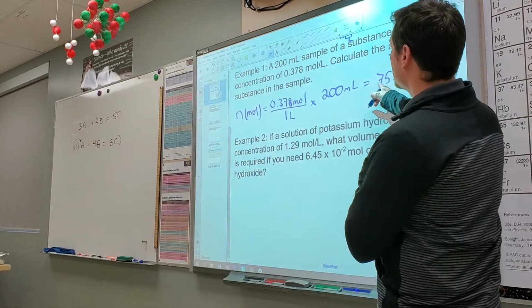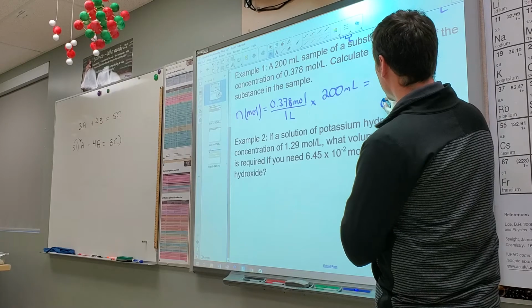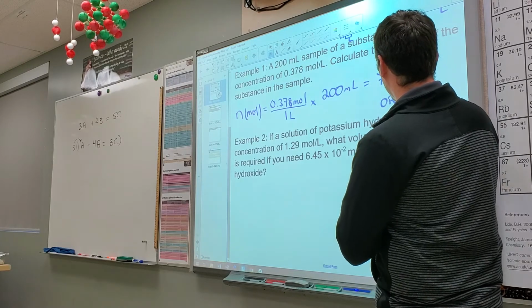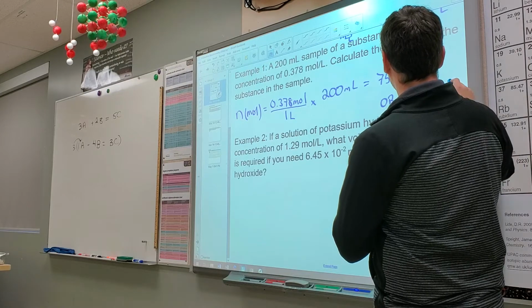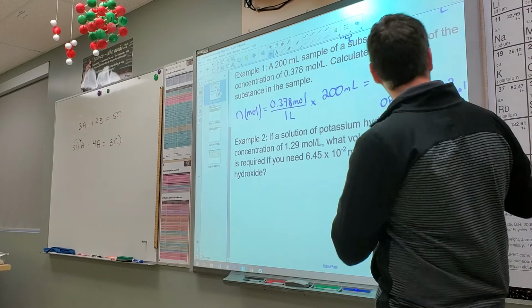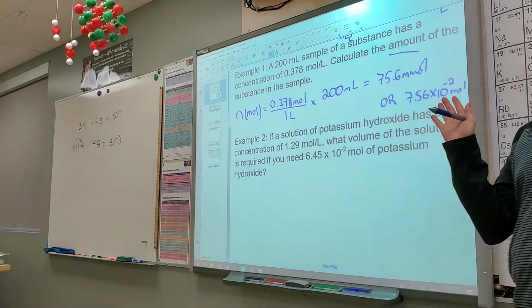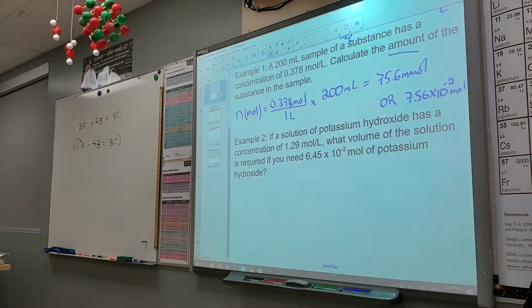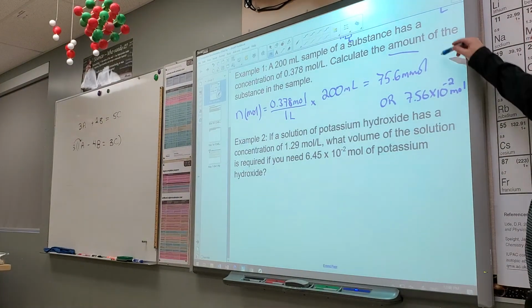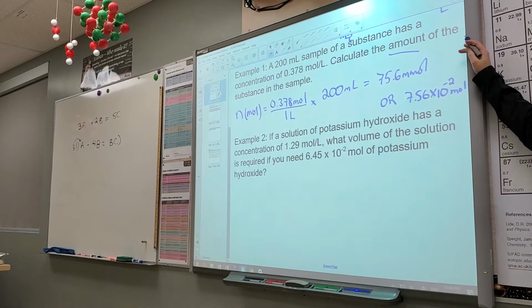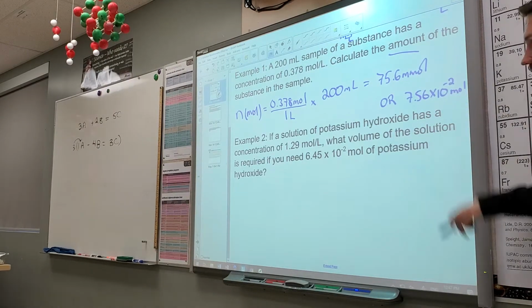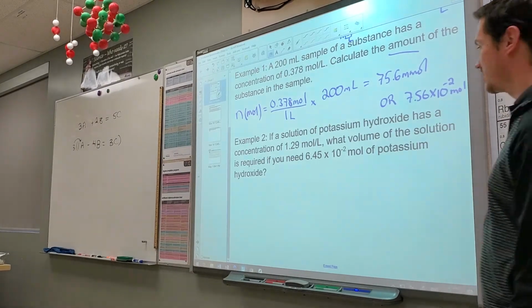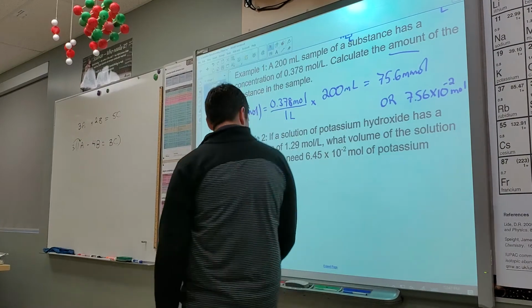So you could have said 75.6 millimoles, or you could have said 7.56 times 10 to the negative 2 moles. That's the answer that you would have gotten. These two things are the exact same number. They mean the same thing. If I'm asking for it in millimoles, then that's a great answer. If I'm asking for it in moles, then that's a good answer. Whatever. We'll figure it out.